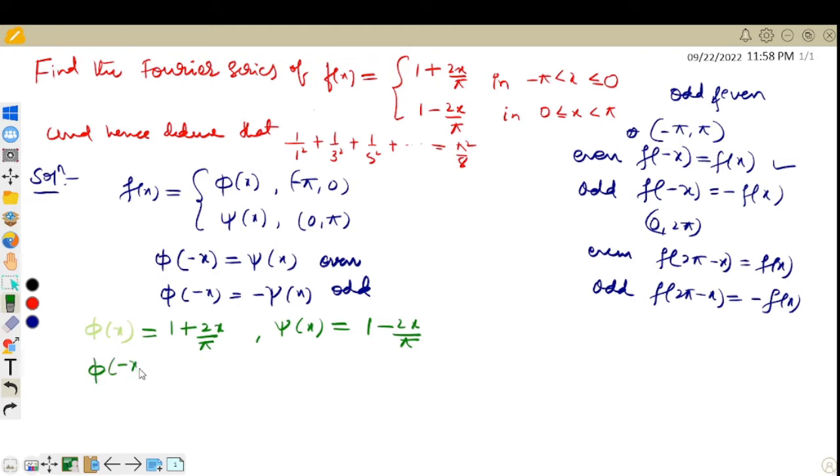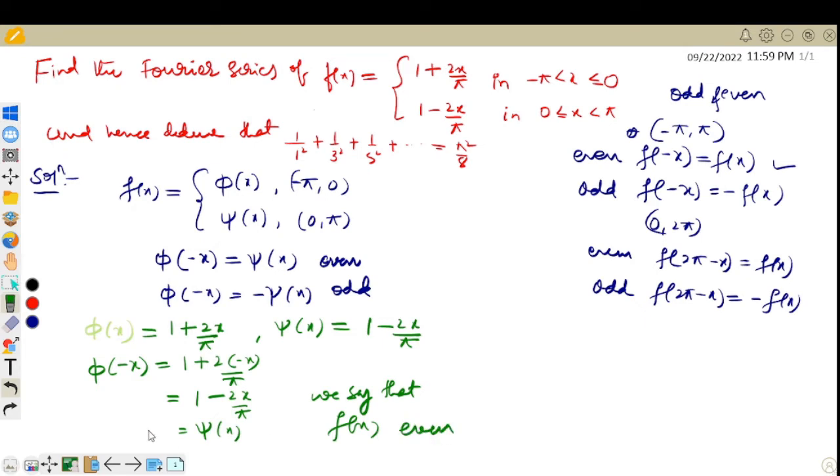It becomes 1 plus 2 times minus x by 5, which is 1 minus 2x by 5, same as psi of x. Phi of minus x equals psi of x, so we say that our function f of x is even.